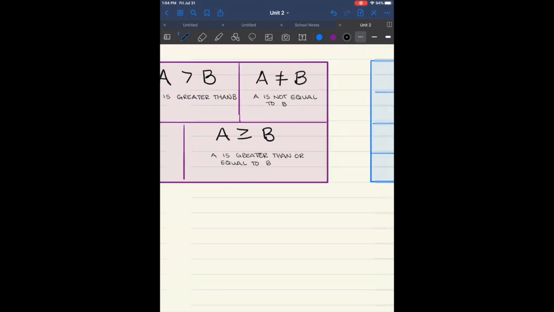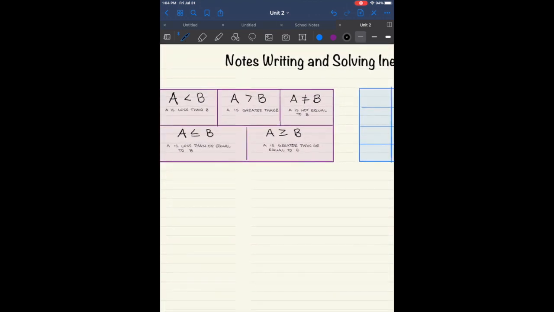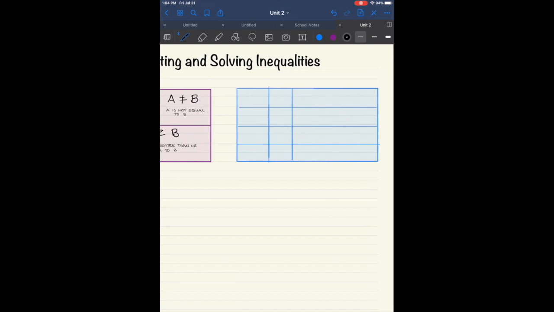For the next chart, we're going to be doing some examples. So I'm typing out these words just so that they're easier to read because I know my handwriting's not always the best.